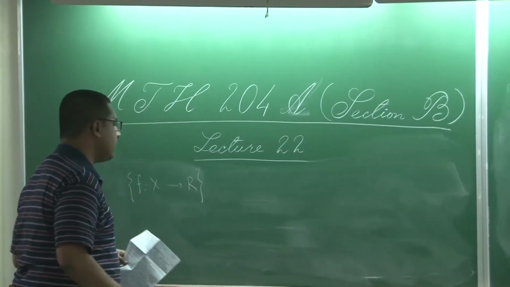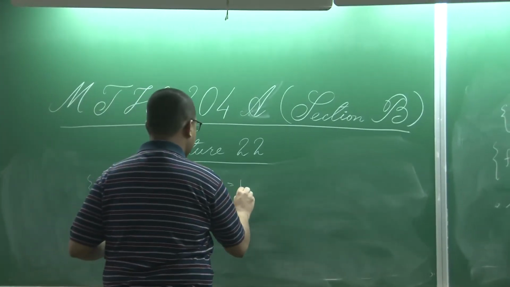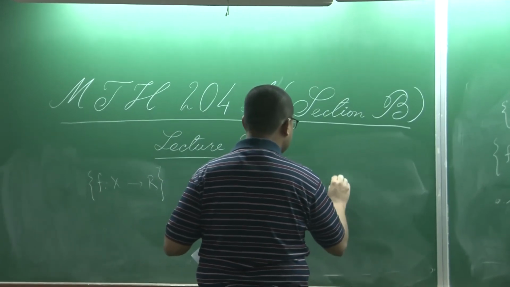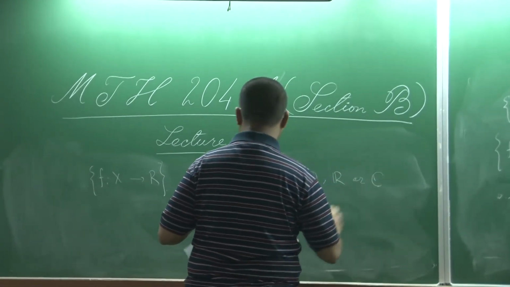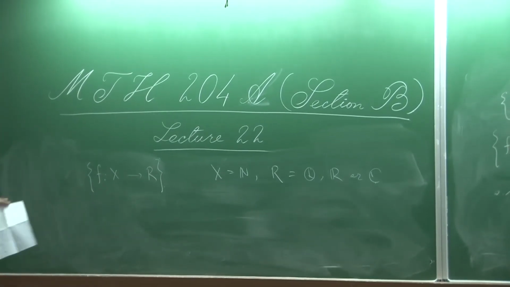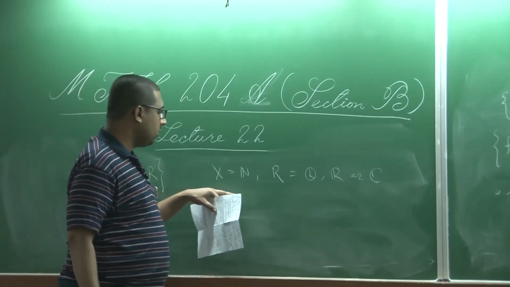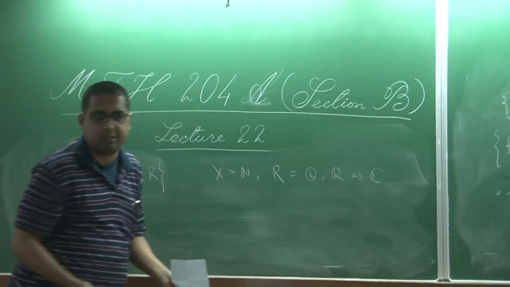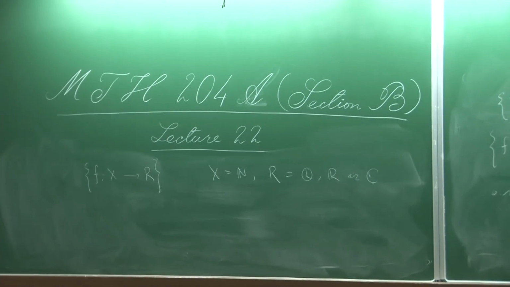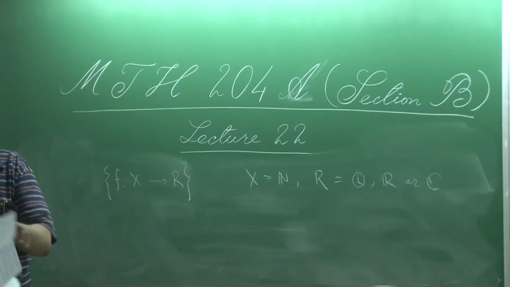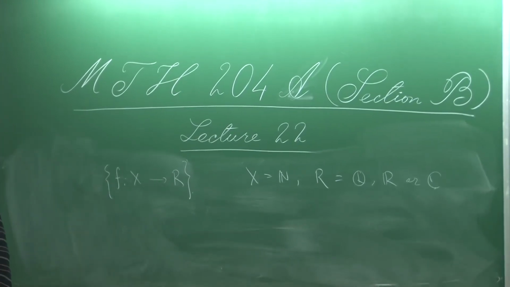As a special case, let us say X is the natural numbers N and R is maybe Q, R or C. Then this is nothing but the ring of all rational sequences or real sequences or complex sequences, where the operations are the natural addition and natural multiplication of sequences.